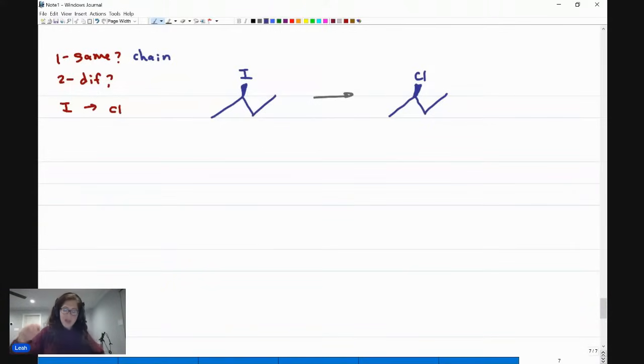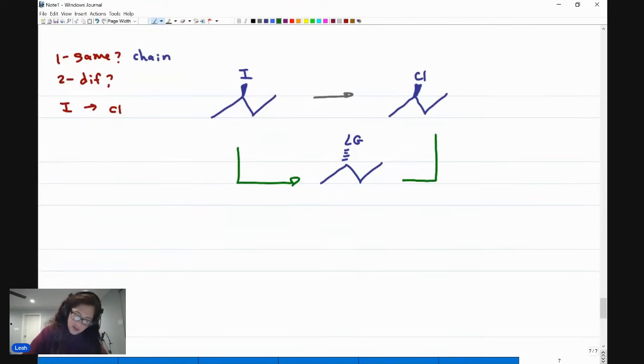Absolutely correct. If I take my starting molecule and I turn it into something that has a leaving group on the back, and then I turn it into something else, well, now I have an SN2 with an inversion of chirality, followed by another SN2 with an inversion of chirality, and it's just two SN2 reactions.